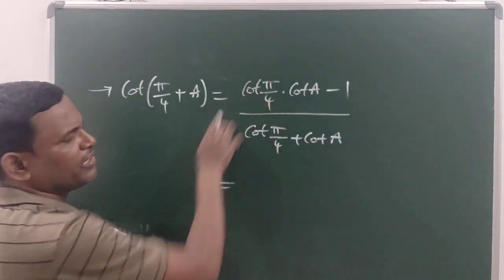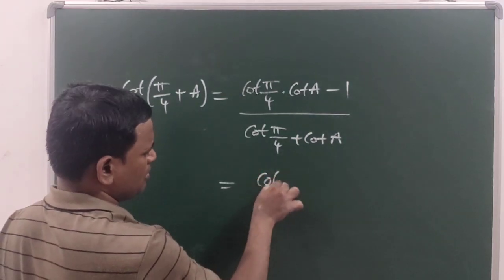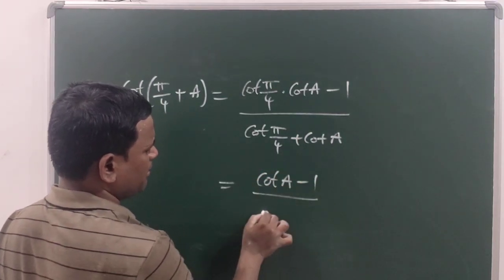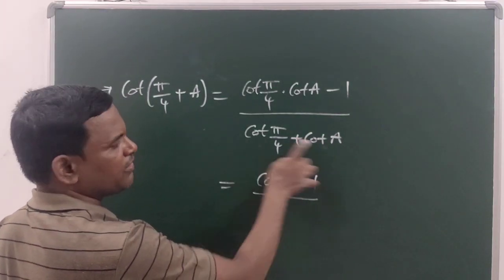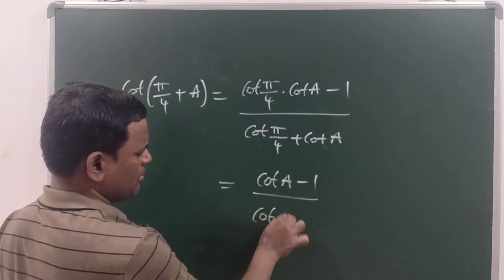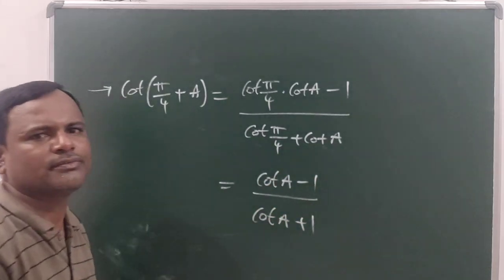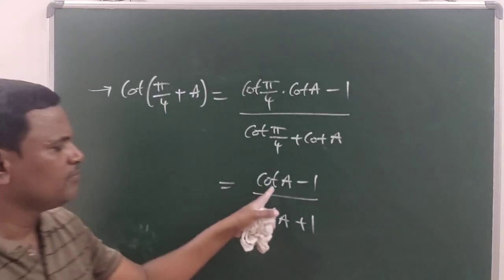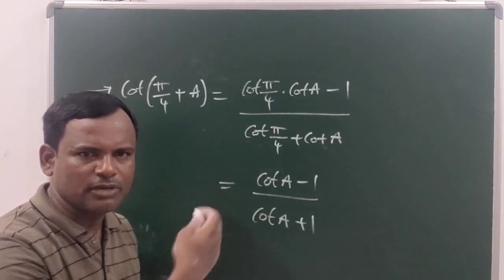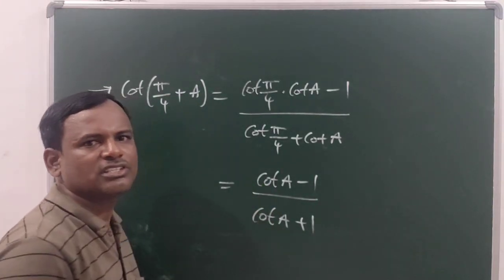You know cot 45 is 1. So cot(45 + A) is (cot A − 1) by (cot A + 1). Here after, express cot A as cos A by sin A.